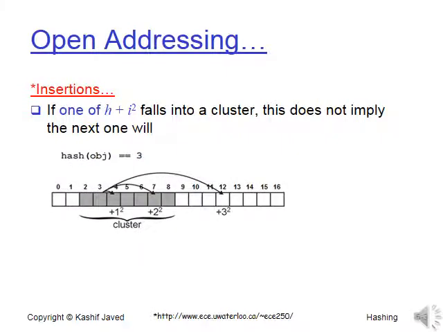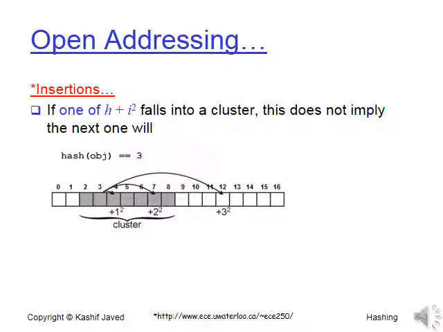If one of the quadratic function h plus i squared sequence falls into a cluster, this does not imply the next one will. Pictorially, if we observe the indices from index 2 to 8 of the hash table, that's a cluster where all the bins are taken.